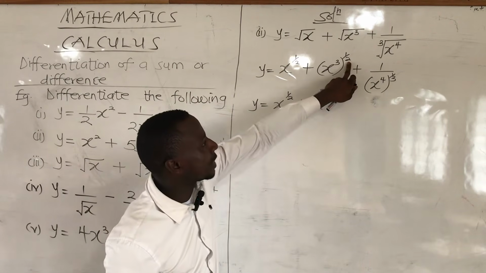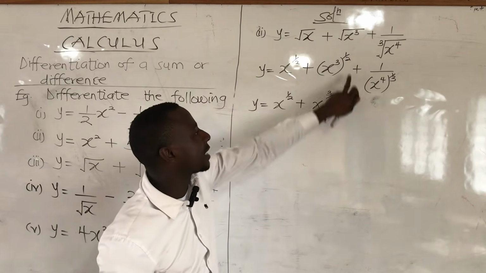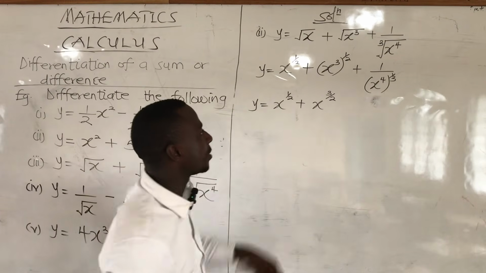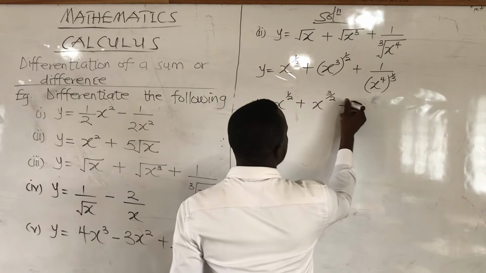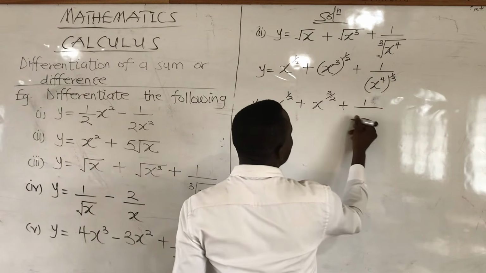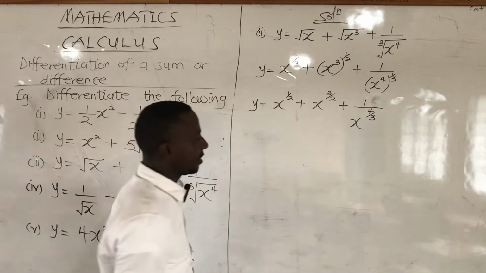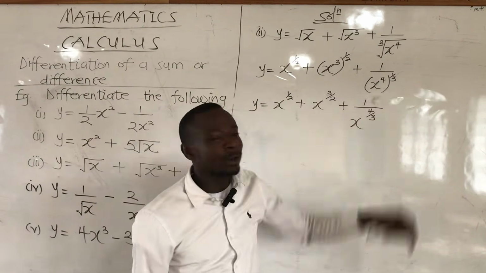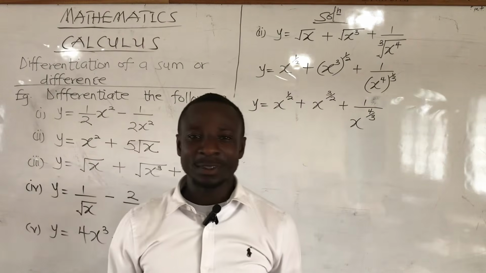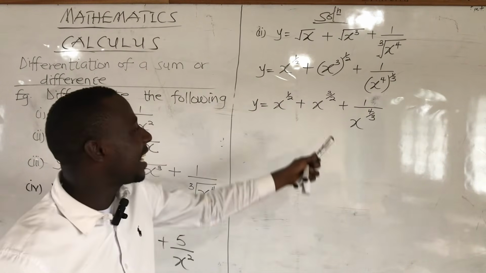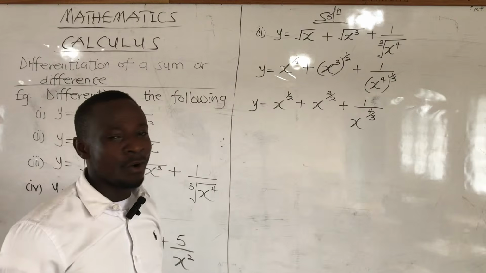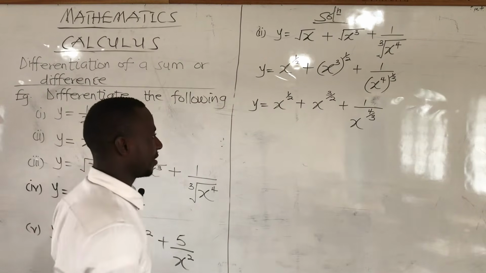The exponent will multiply the exponent here. So 3 times half, we have 3 over 2, plus 1 over x power 4 over 3. Over here, 4 will also multiply the exponent 1 over 3. In that case, we are going to have 4 over 3.